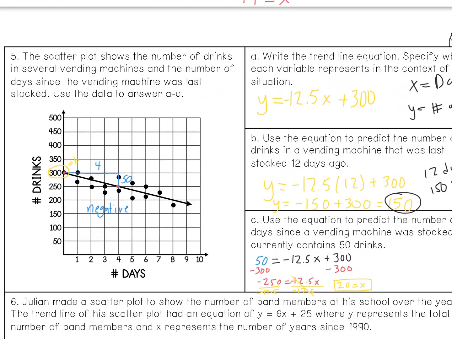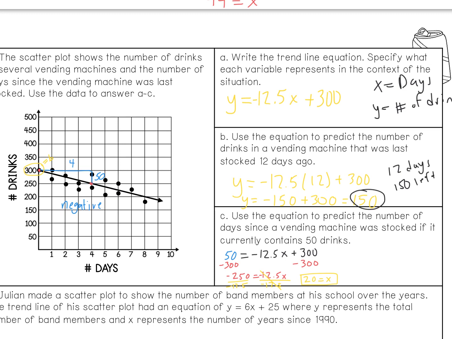Okay. So on this problem, I hope everyone got A at least. We have a y-intercept of 300 because that's where it's crossing the graph. And someone asked a minute ago, how did I get 12.5? Well, the rise was 50 and the run was 4, so 50 divided by 4 is 12.5.